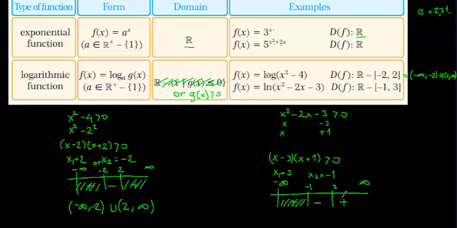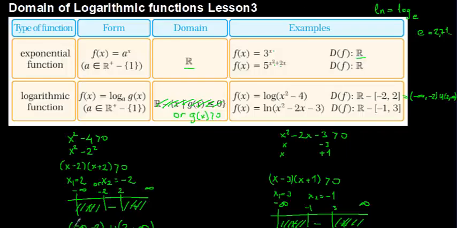So we are shading the pluses. Then x is an element of minus infinity till minus 1 open, union 3 to infinity, which is going to be our solution.